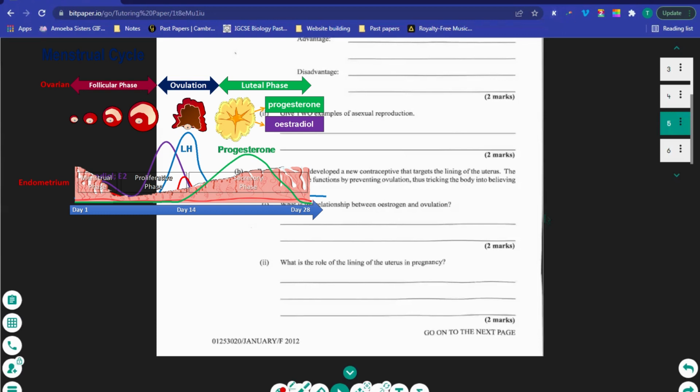So this is where the developing fetus is going to get that exchange occurring between itself and the mother. Remember, the blood never comes into direct contact, but the materials are going to diffuse from the mother's blood into the fetus through the umbilical cord. And we have the structure there, the placenta.